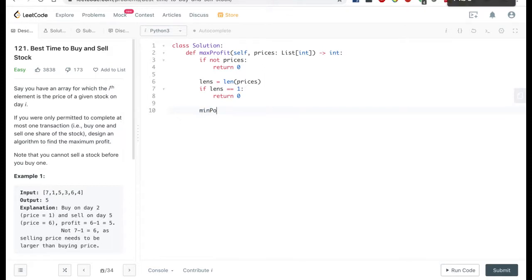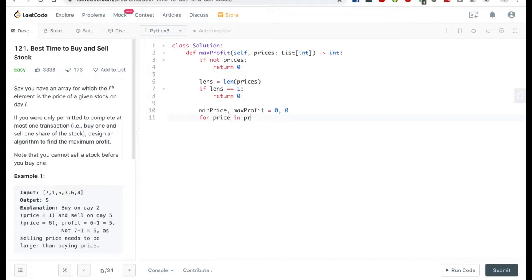Minimum price is something we need to keep track of, and also max profit. We initialize them to be 0.